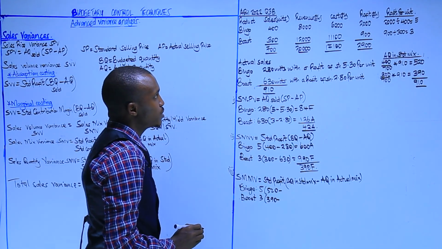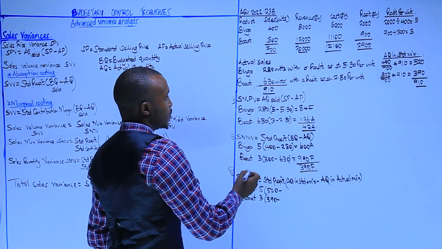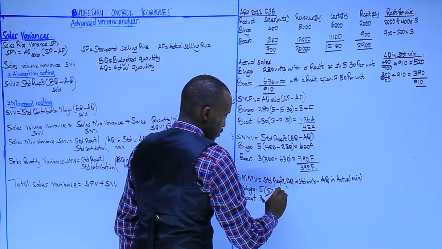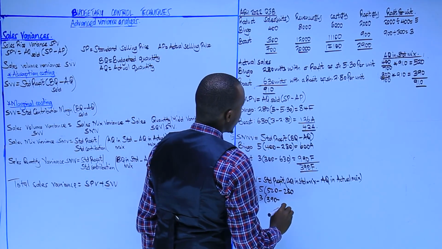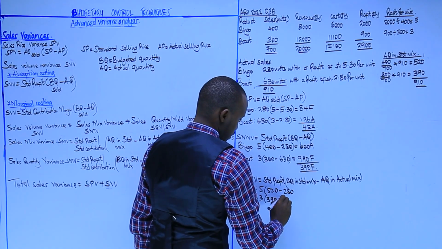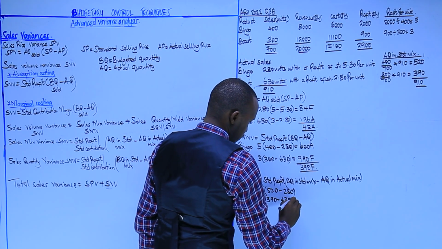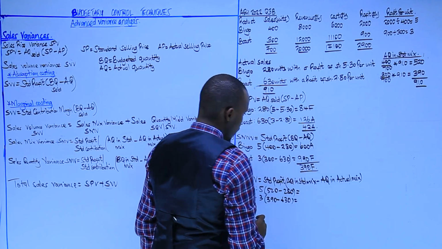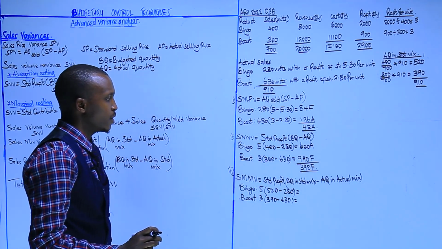Your actual quantity in actual mix is simply the actual quantity you sold, 280 and 630.